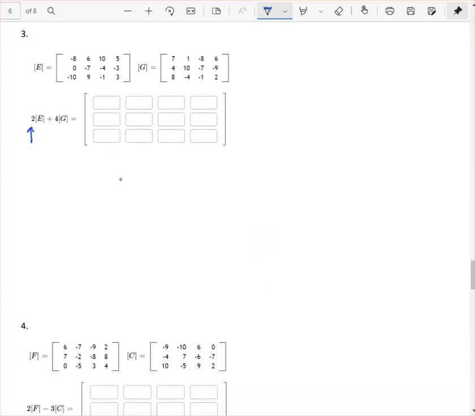When you have numbers in front of the matrix, you actually multiply the matrix by that number. So like here, all of the e's would get multiplied by a -2.